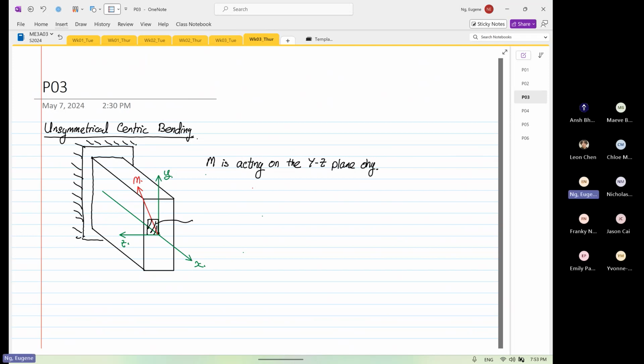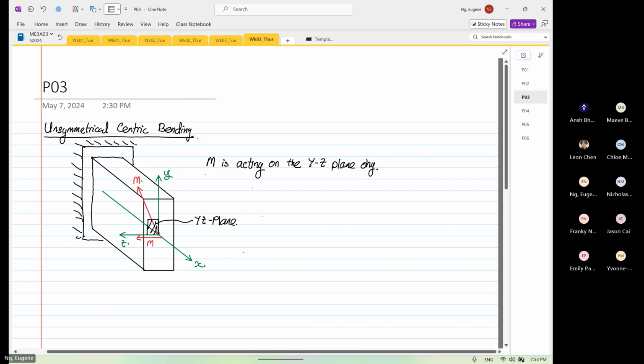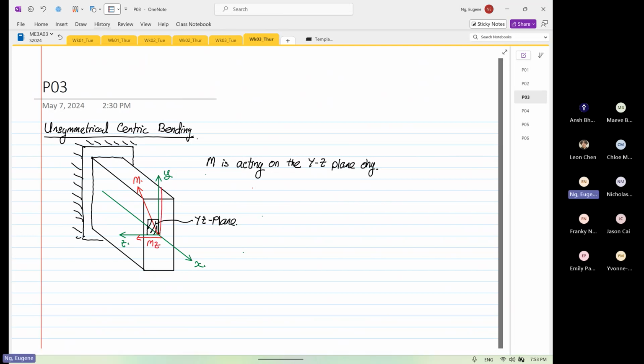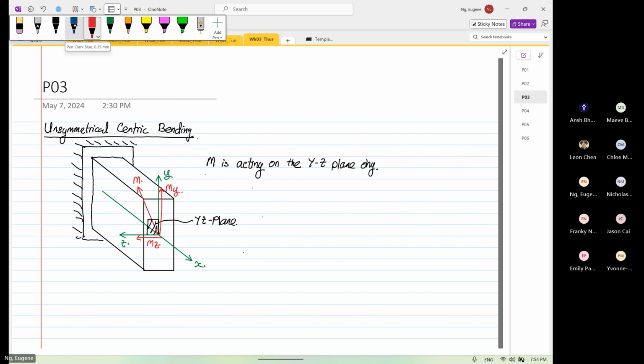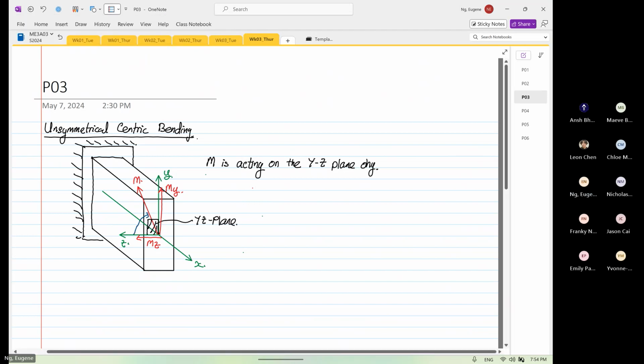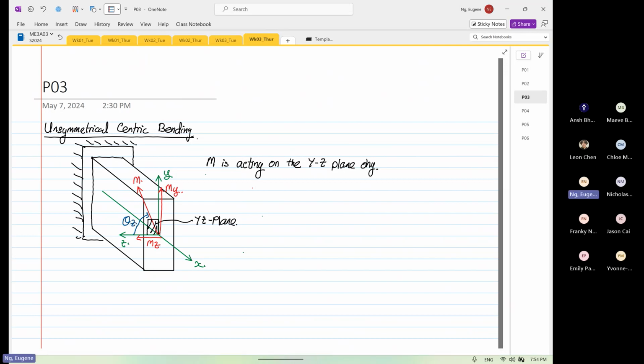So this applied moment M has two components only: we have Mz and we have My, and we have a theta. Theta is measured about the x-axis.